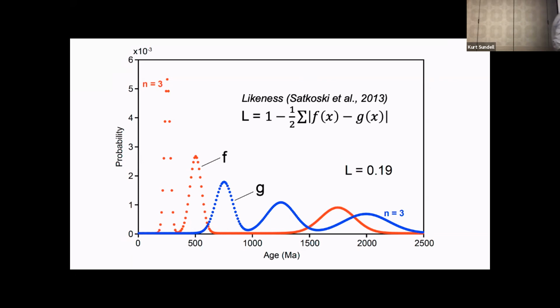Basically here, all we're doing is taking every point that's blue and every point that's red, taking their absolute difference, summing that up, dividing it by half, and subtracting it from 1. These details are really just to fit it into a 0 to 1 range. And so here the likeness is what they would call this.